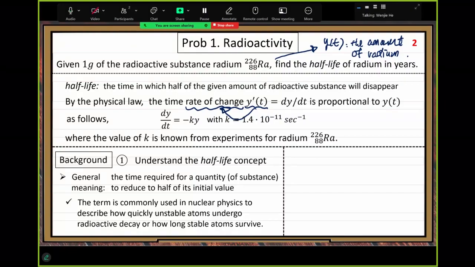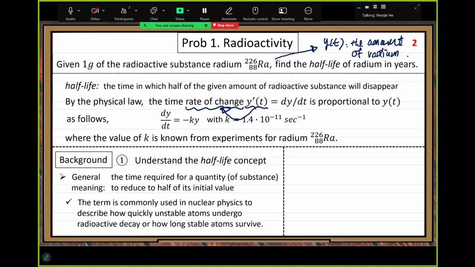For stable atoms, the half-life is a big number, because after a long time, it is reduced to half.